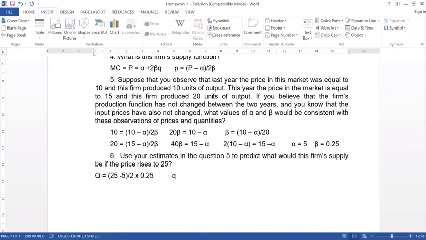So we calculate Q equal 40 units. 40 units.